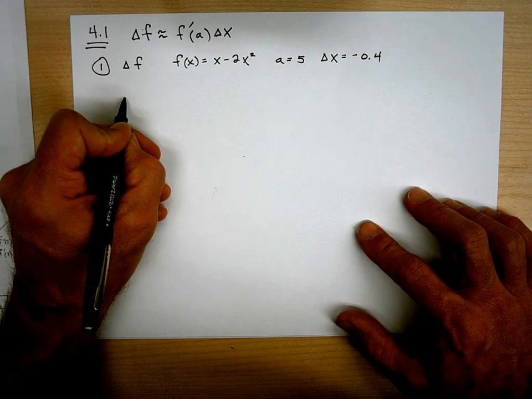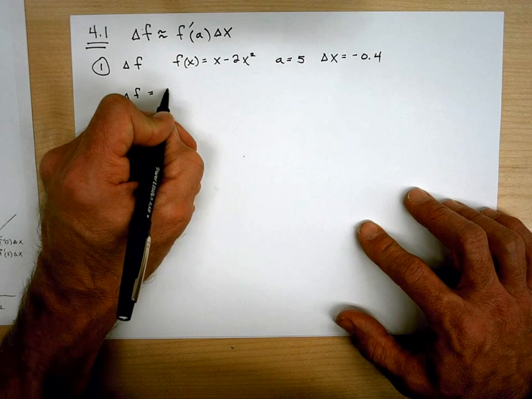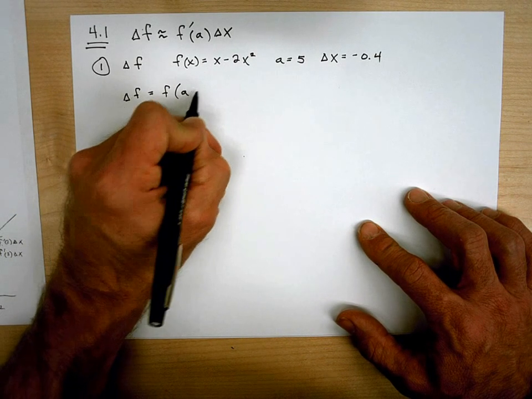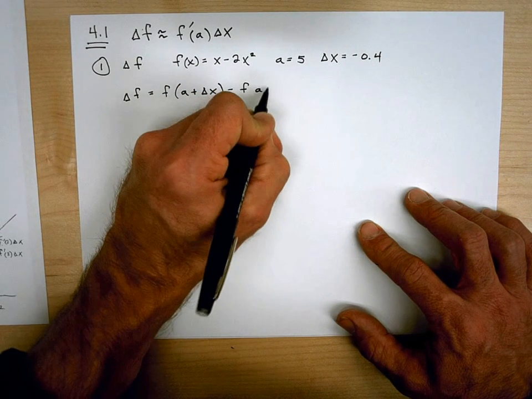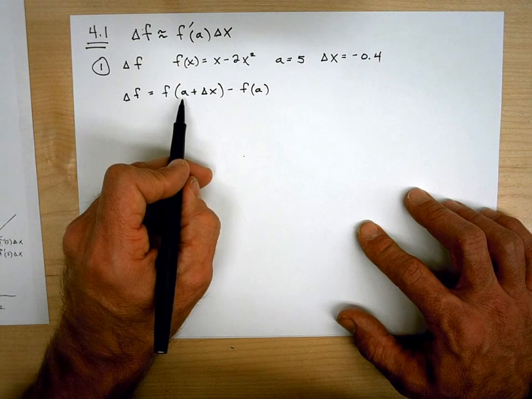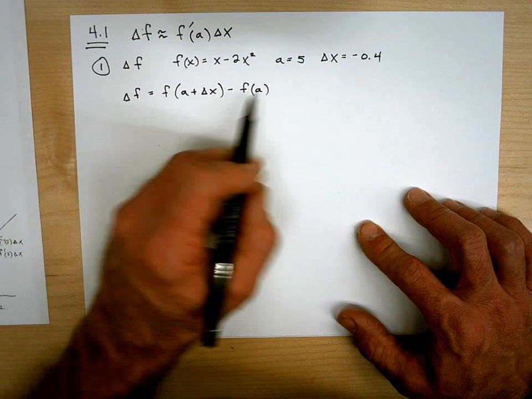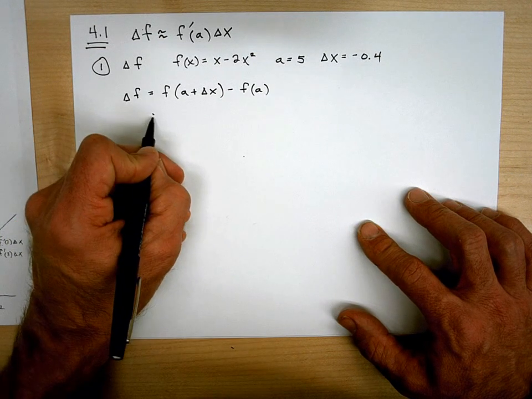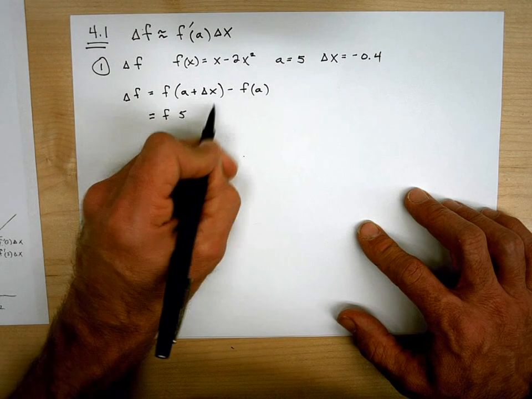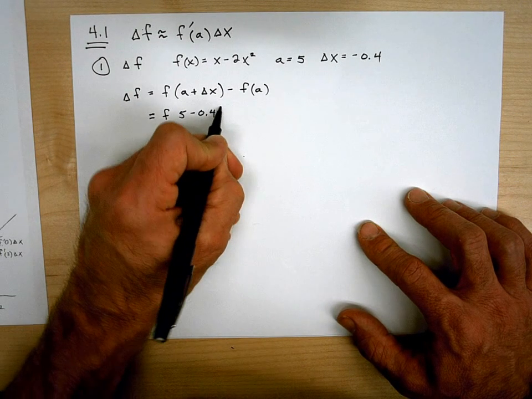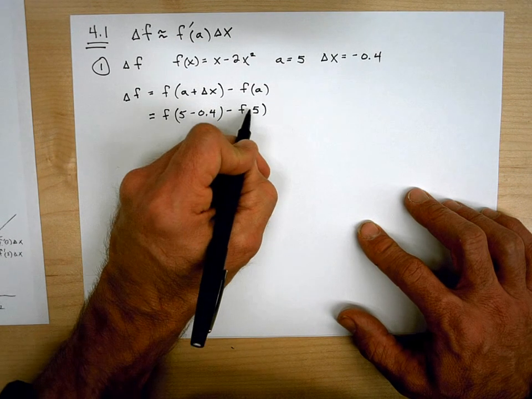So first, delta f is just going to be f of a plus delta x minus f of a. So it's just the change in the y value. How much does y change from a to a plus delta x? We know what delta x and a are here, so we're looking at f of 5 minus 0.4, minus f of 5.